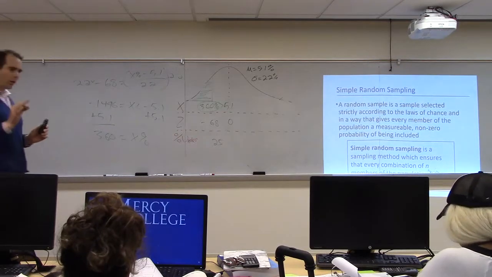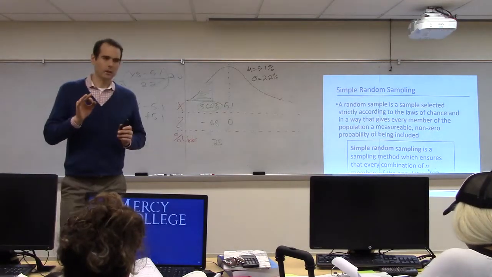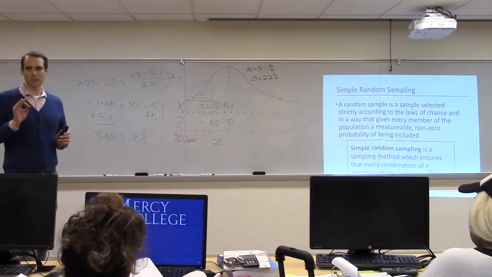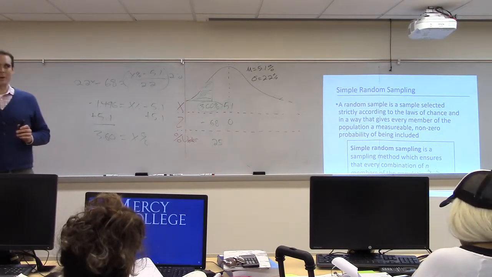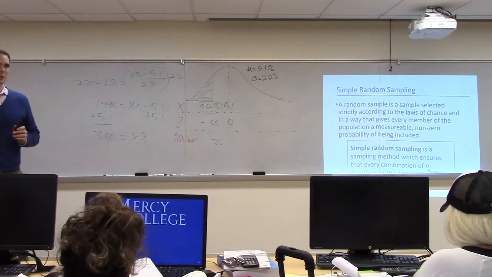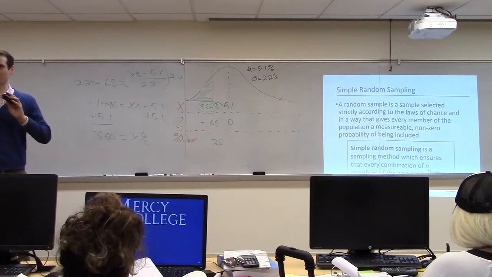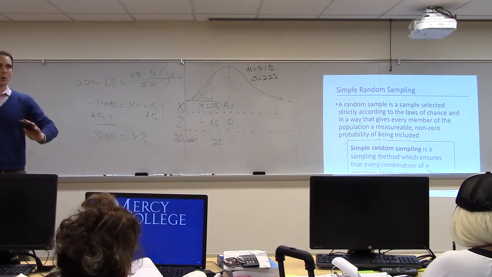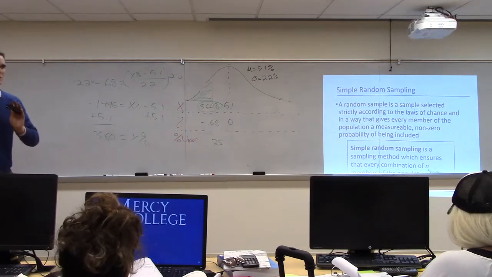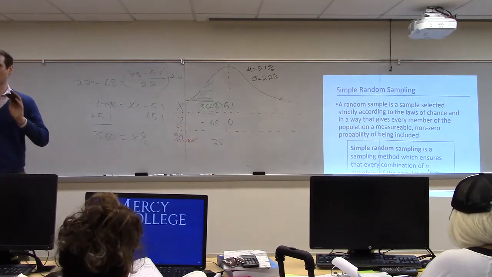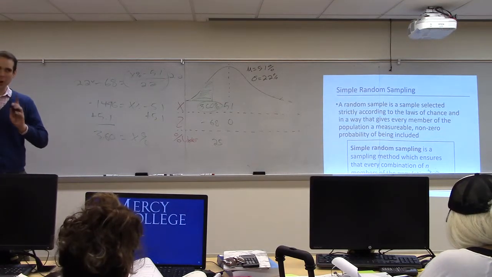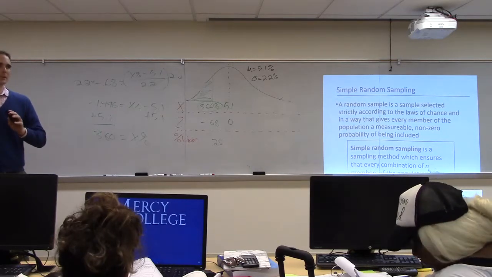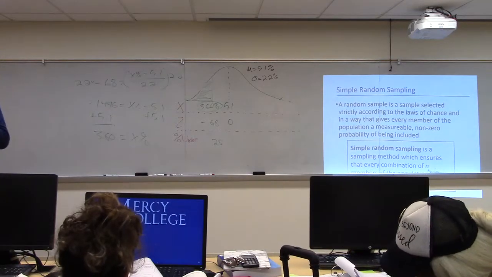But you also, this may ring a bell, you also want your sample to be based on complete random probability. Remember, we talked about the normal distribution being based on that random probability? Well, it turns out that we can use that to our advantage when we sample, if and only if our sample is based on a complete random distribution.